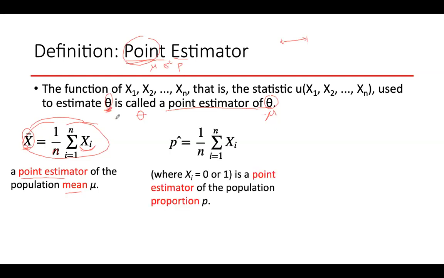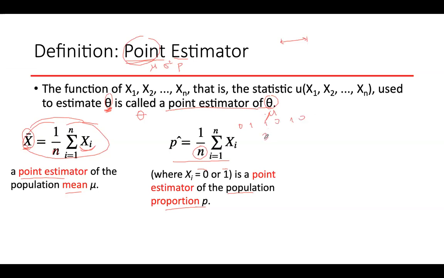So how about this? If I have yeses or nos, success or failure, male, female kind of situations, then the population proportion, P, might be estimated using this formulation, right? Zeros and ones, add them up, divide by n. So you have 0, 1, 1, 0, 1, 0. 1, 2, 3, 4, 5, 6.